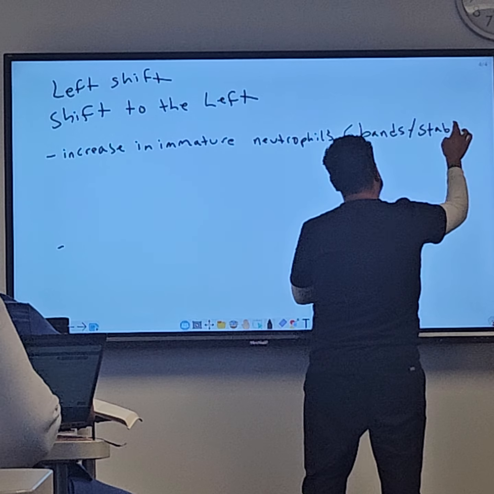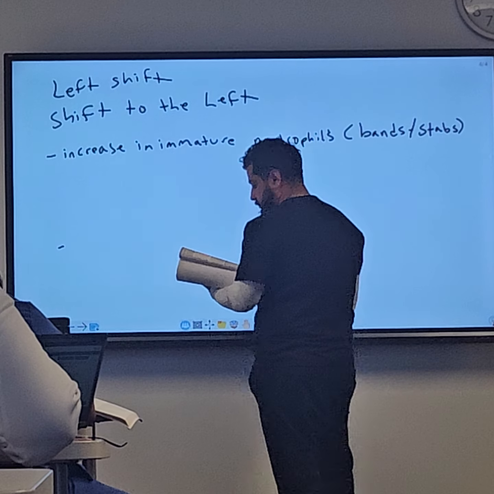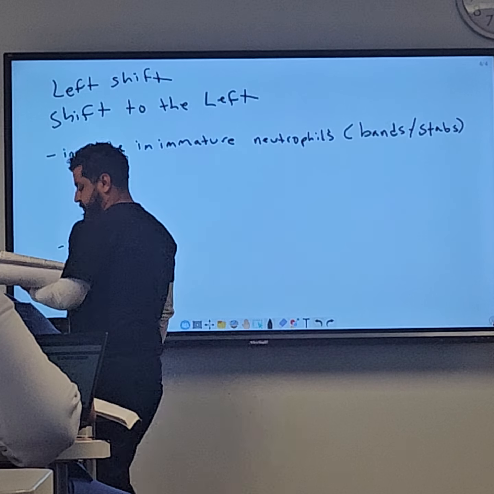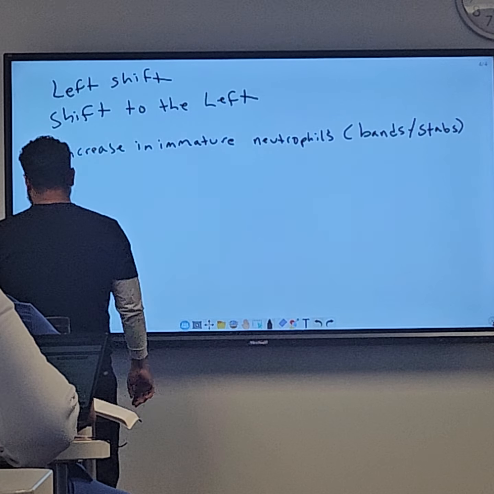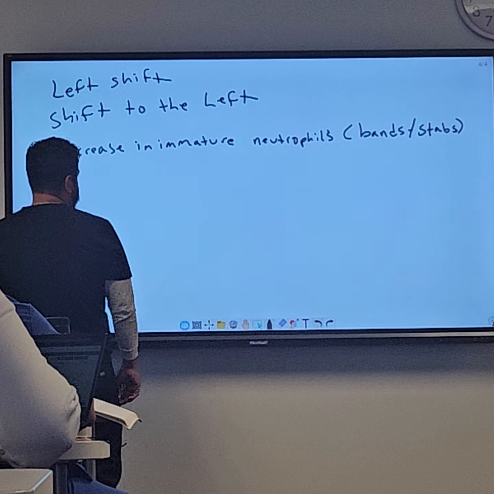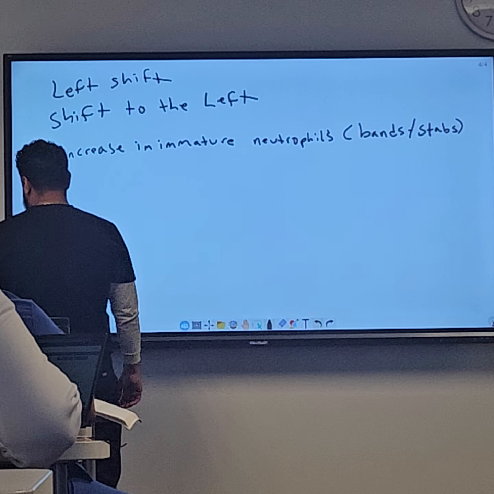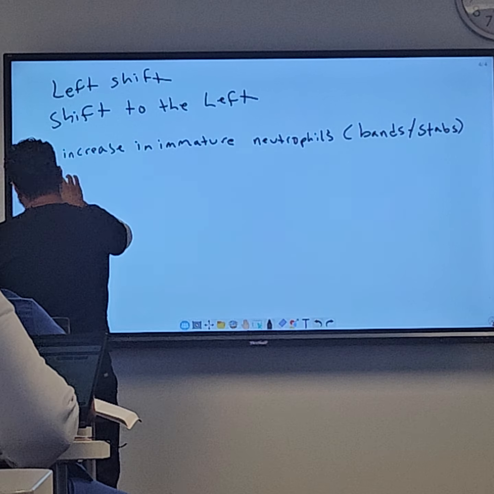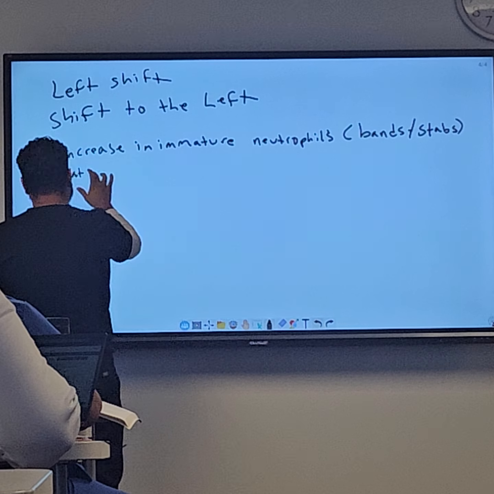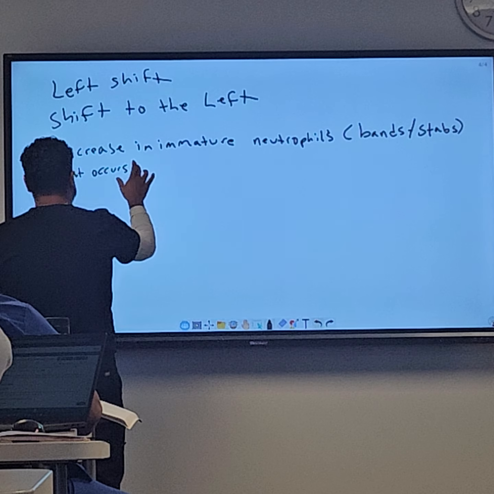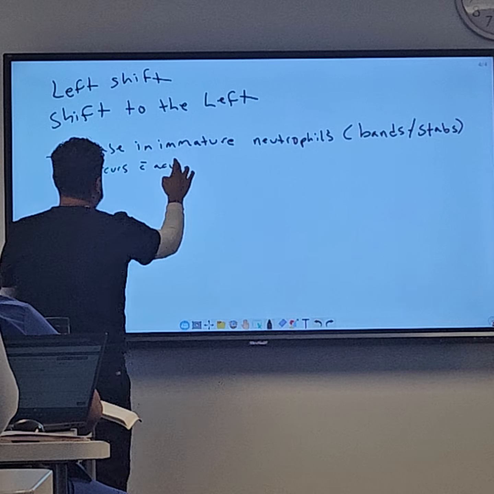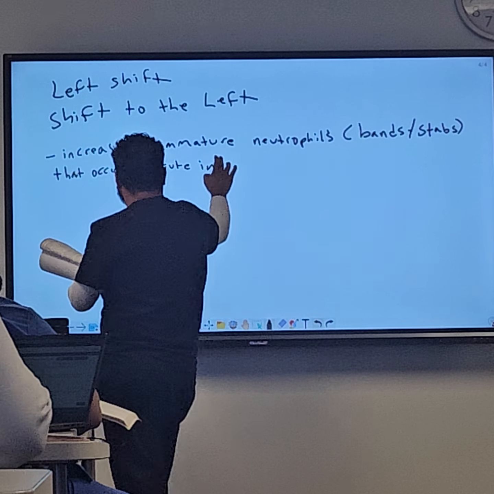So, an increase in immature neutrophils, bands or stabs, that occurs with acute infection. So let's explain a little bit about that.